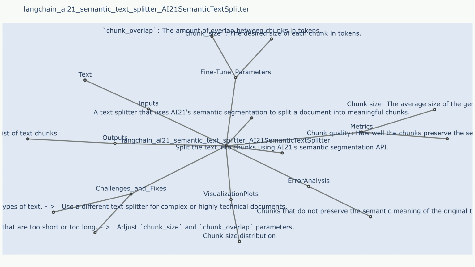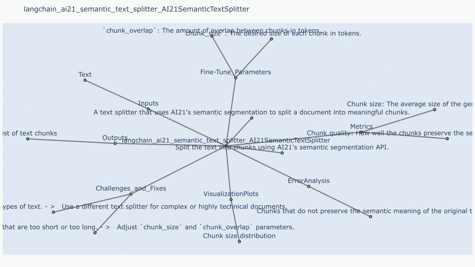Uncertainty methods: confidence scores: the AI21 Semantic Text Splitter can potentially provide confidence scores for each identified breakpoint. These scores can be used to assess the certainty of the splitter's decisions, allowing for adjustments based on the confidence level. Alternative breakpoints: the splitter could also provide alternative breakpoints along with their confidence scores to allow for exploration of different segmentation options.